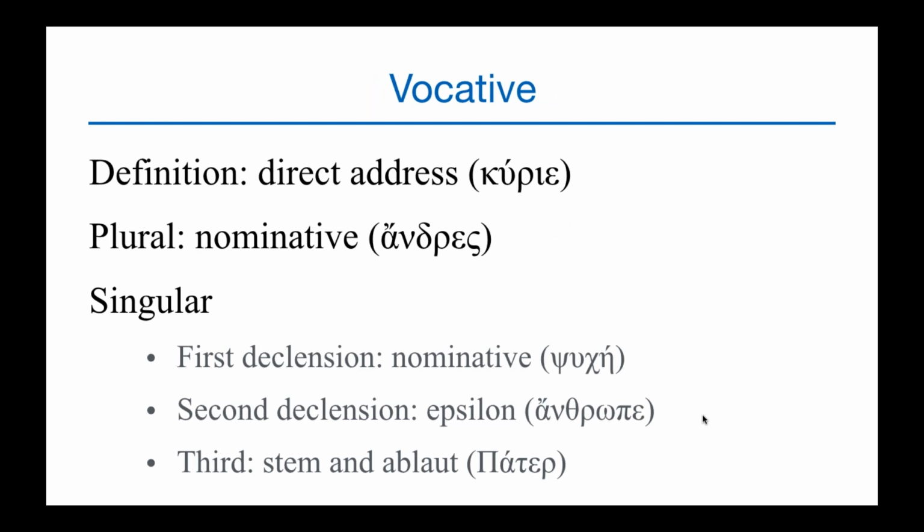All right, the vocative. So we've talked about the 4 cases. Technically, there are 5 cases in Greek. The reason why we call them 4 cases is because in form, the vocative is almost always exactly the same as the nominative case, but with a few exceptions, one of them being the masculine singular.